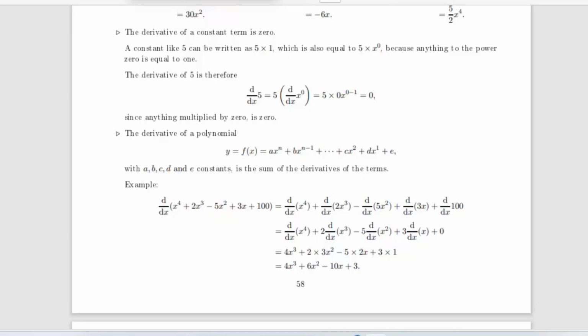Yes, sir. But then, in this given expression, in front of x squared, we have -5. Do we agree? Yes, sir. So, do we agree that that 2 will be multiplied by that -5? Yes. Thank you.